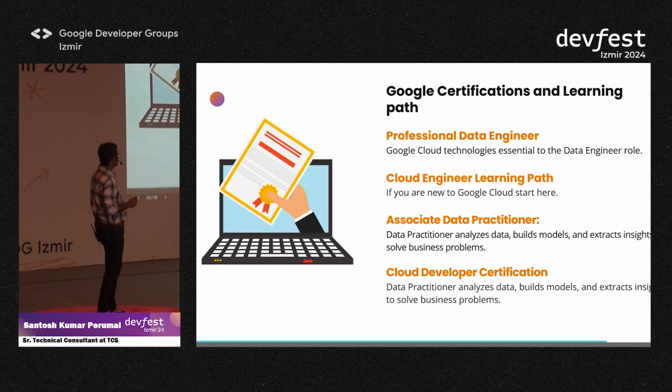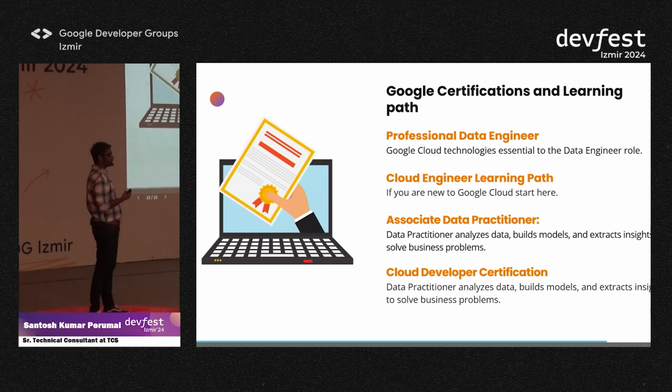So in case anyone is trying to do some certifications, I'm sure there are a lot of students here in this room. Having a certification will really help them get into specific IT roles, and it gives confidence to whoever is hiring that they are already aware of the concepts and they are certified.